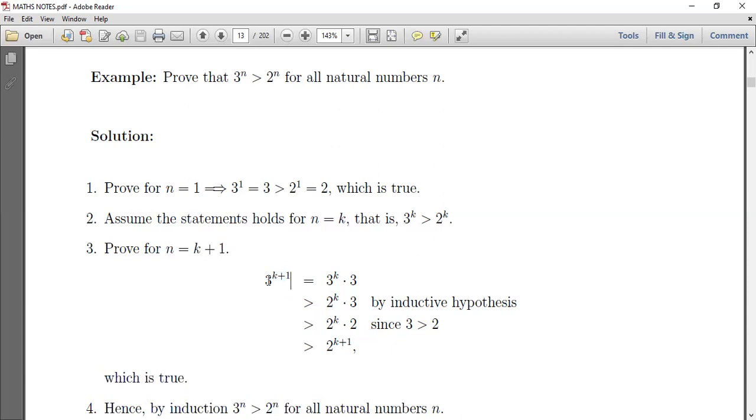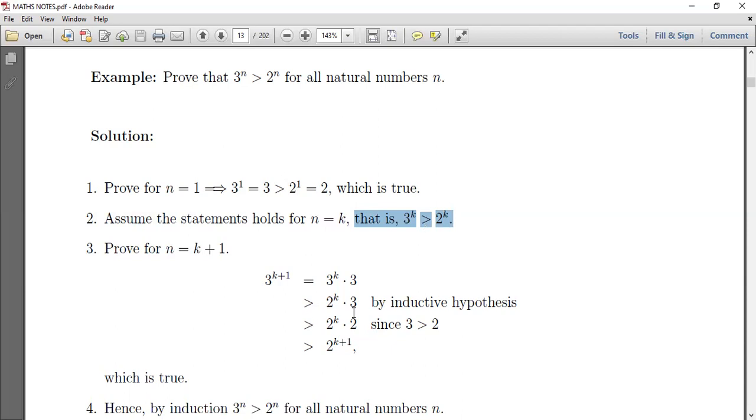Okay, so 3 to the power k plus 1 is similar to 3 to the power k times 3. Are we together? And then 2 to the power k, and then we want to prove that this is true here.